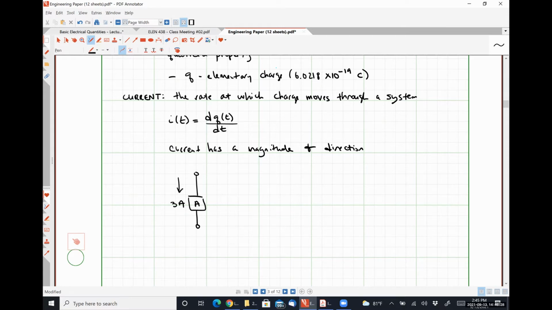So if flowing from the topmost terminal through element A and down is 3 amps, what would this same current be represented as flowing up through the element instead? Negative 3 amps, great. Absolutely fantastic.